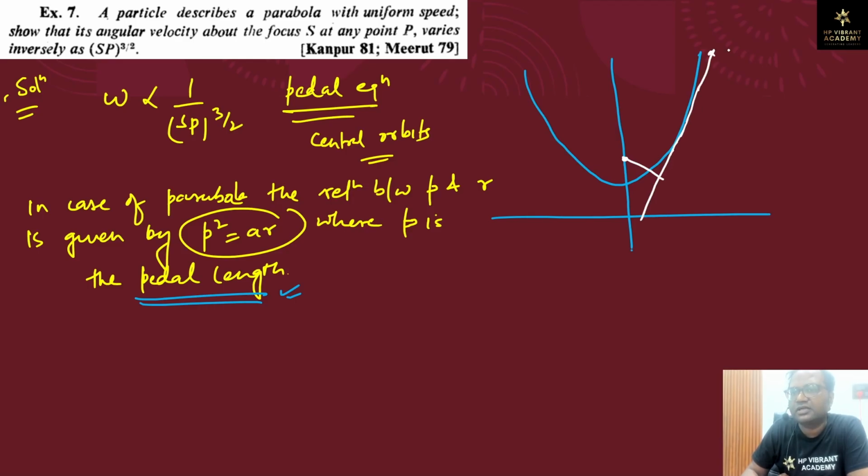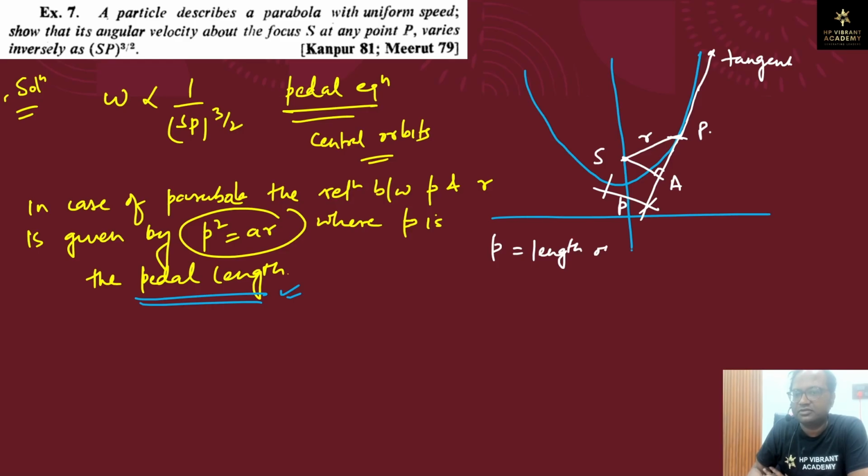This is our tangent, drawn at point P. This is our radius vector. Let us name this SA. We have dropped a perpendicular from point S on this tangent, so this AS is small p, the length of the pedal.